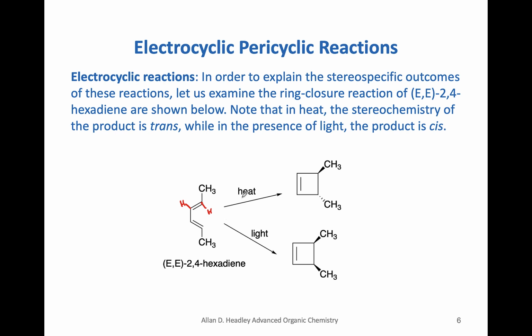But in the presence of heat, this particular specific compound gives the trans. In the presence of light, this same specific stereochemical compound gives the cis. Let us try to understand why.